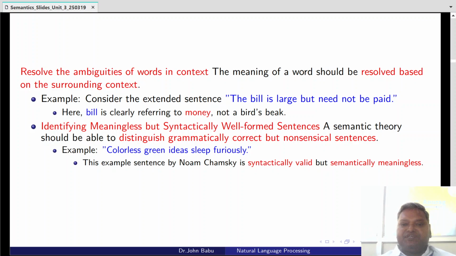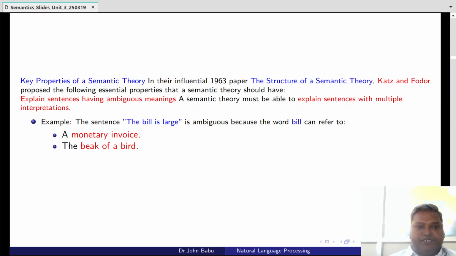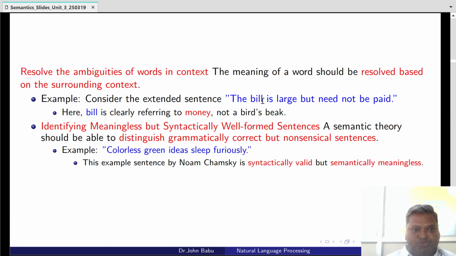Similarly here, if I say the bill is large but need not be paid, when we talk about payment, we should understand that the bill here is not big, but it is talking about money. That is the second. What is the first one? It should explain the sentences with multiple interpretations. Number two, it should resolve ambiguity of words based on the context.